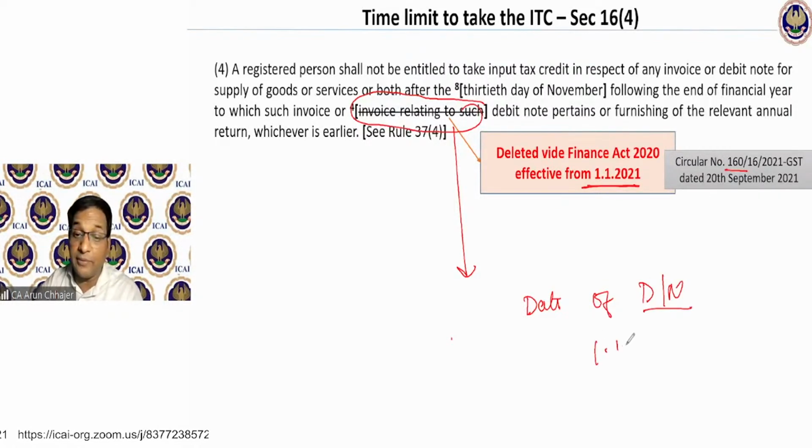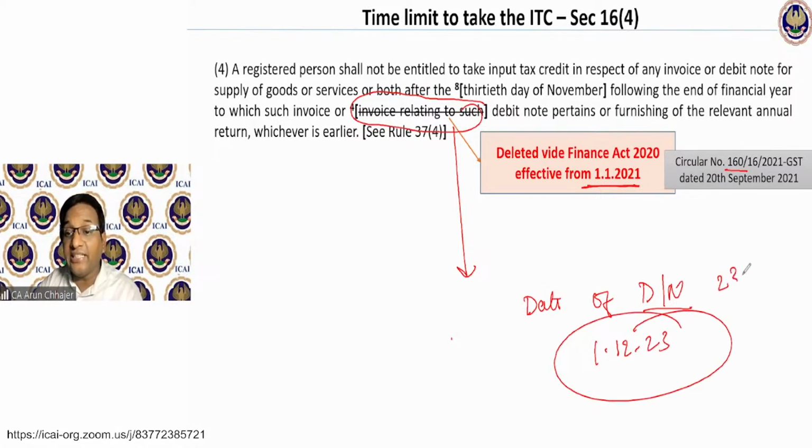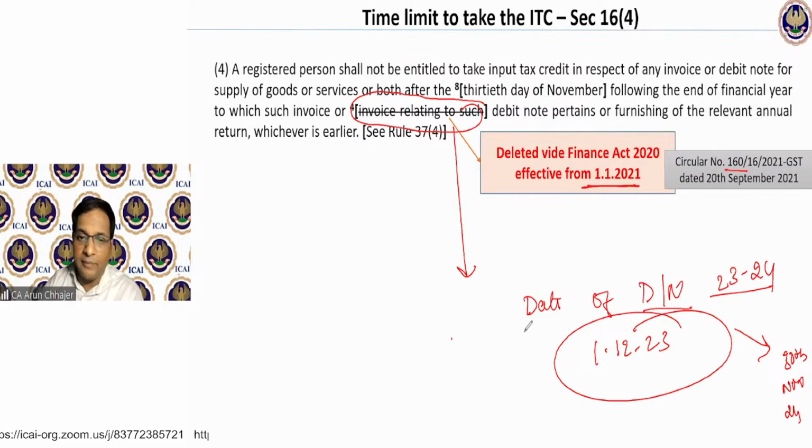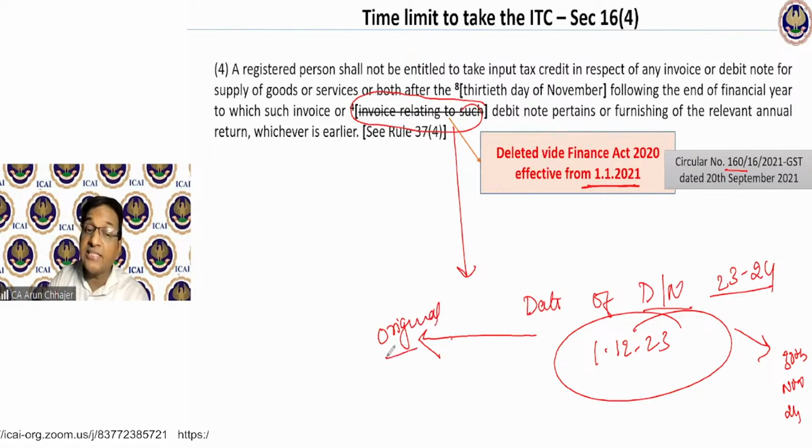If the date of the debit note is December 23, it means this is the ITC of 23-24, which can be claimed till 30th November 24. It means linking of the debit note with the original tax invoice is not required under section 16 subsection 4.